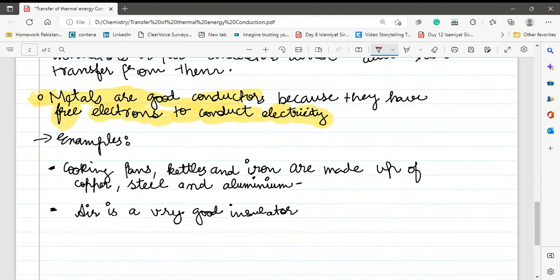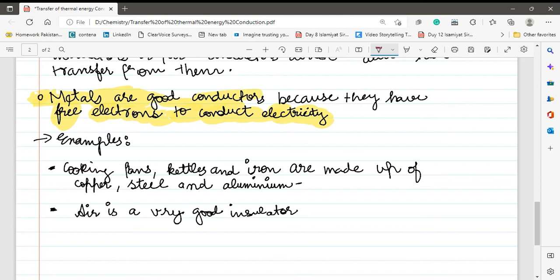There are some examples. The first example states that, for example, cooking pans, kettles, and irons are made of copper, steel, and aluminium. Why? Because metals are good conductors. And this point states that air is a very good insulator. There are some examples where we use air as an insulator, for example the animals like cats during the winter season.